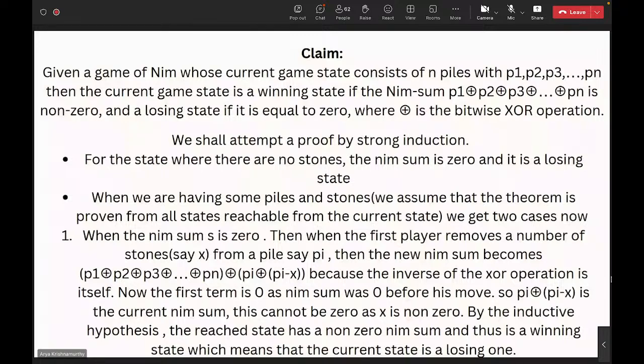If not, I would suggest you try out a few examples right now and try to understand why the XOR operation is the inverse of itself.